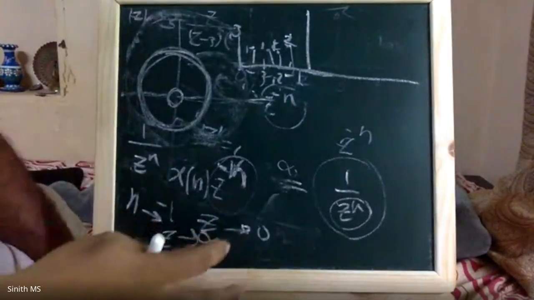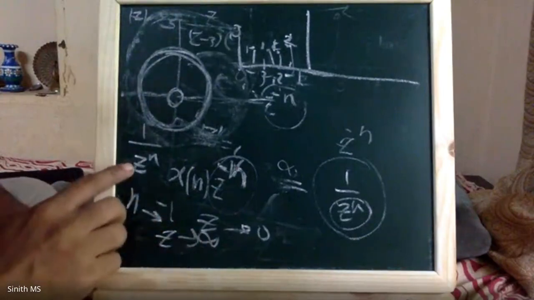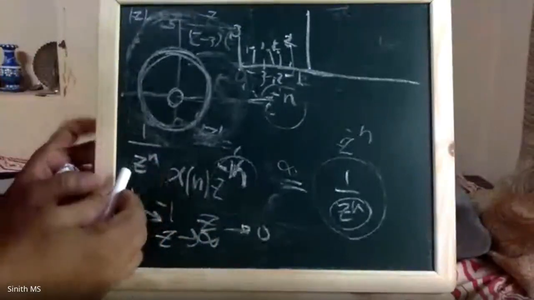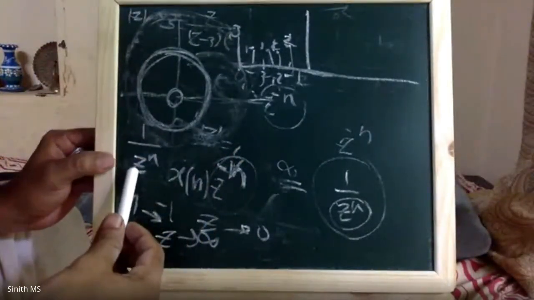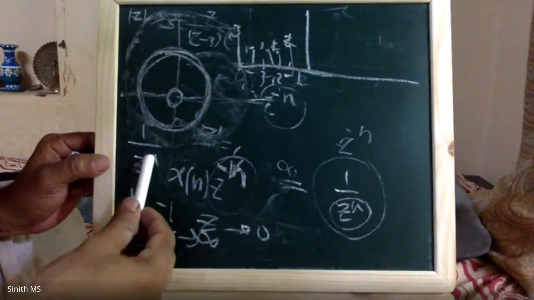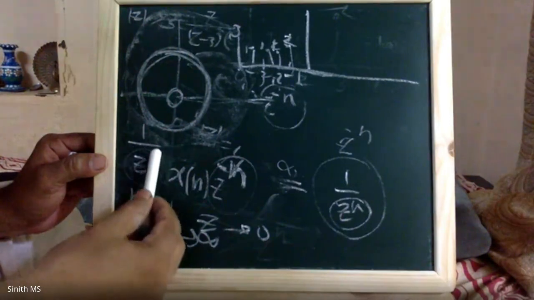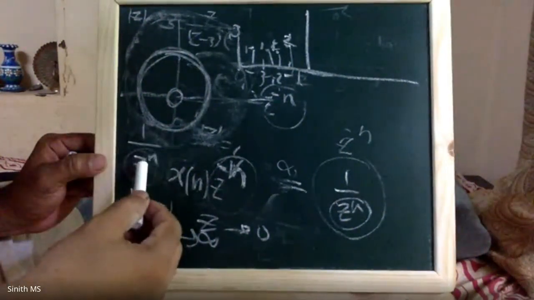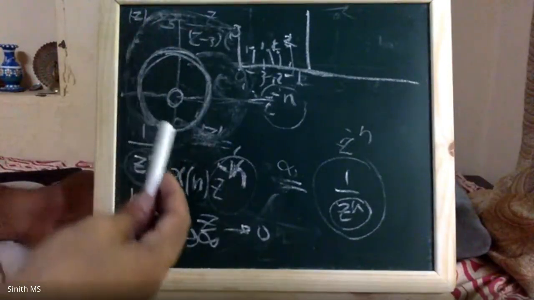So as z tends to infinity, you have z raised to minus n, or 1 by z raised to n, and n takes negative values. What happens to this z raised to n? It will become a very small value, and 1 by z raised to n becomes very large.